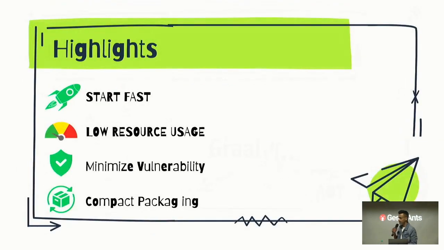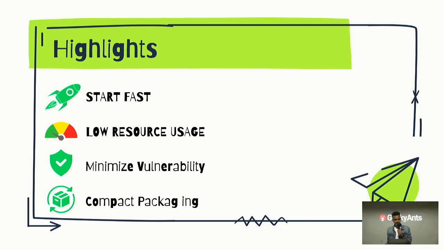Here I have listed a few highlights about GraalVM, you can say great features of GraalVM. The first one is that it starts fast, and we will understand how it starts fast and what the internal working of GraalVM is that helps it start fast. Next is low resource usage.